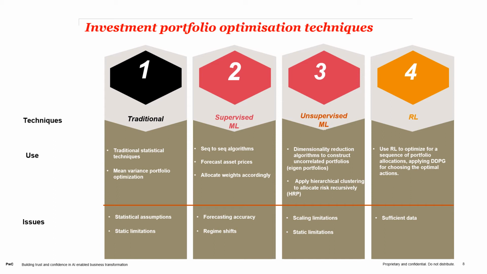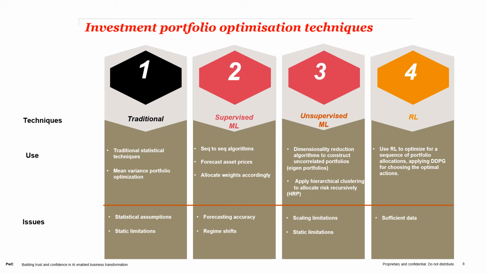Although LSTM and these kinds of techniques are starting to show good promise and fairly accurate forecasts over the short term, up to 3 months or so, over longer-term periods they start to break down in terms of accuracy. And of course, you get these regime shifts in the market, which means those forecasts are not valid anymore. So this approach is also not very effective.